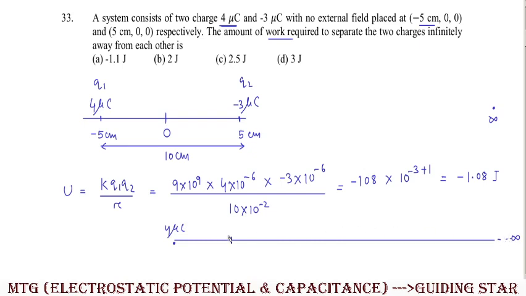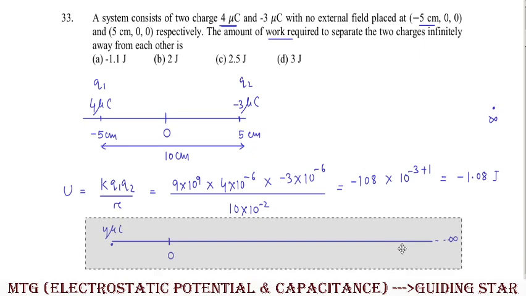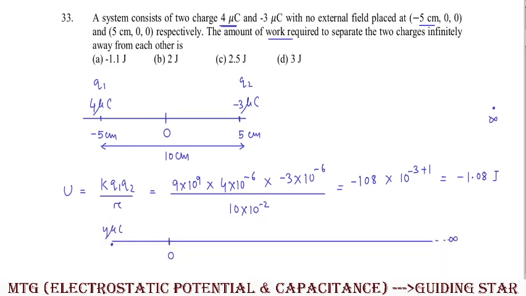Suppose initially this is origin. Suppose if we take, so here in this particular case this is origin, and suppose this minus 3 microcoulomb charge will be located at infinity here. Then what will be the potential energy of the system?